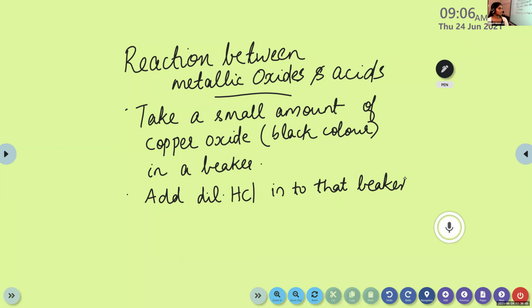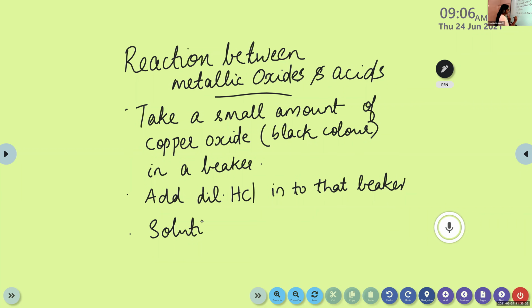Then you have to note the color of the solution. What has happened to this copper oxide? I told you that it's black in color. Then after the reaction between this acid and copper oxide, that means dilute HCl and copper oxide, the solution becomes blue-green color.